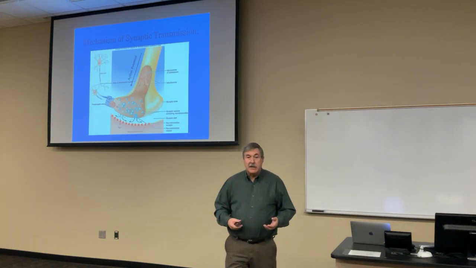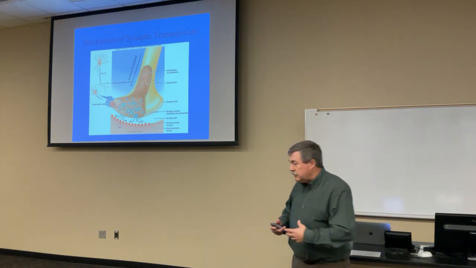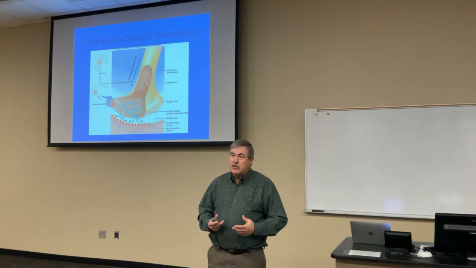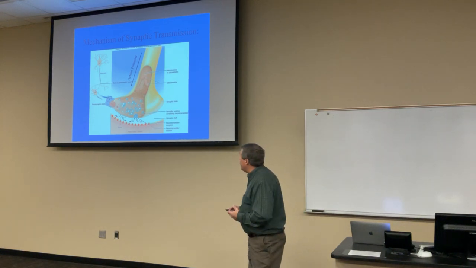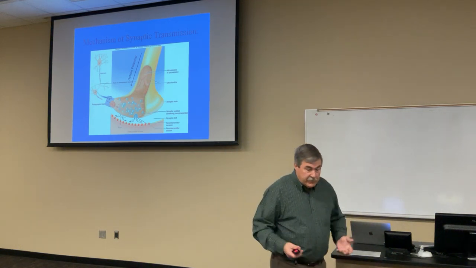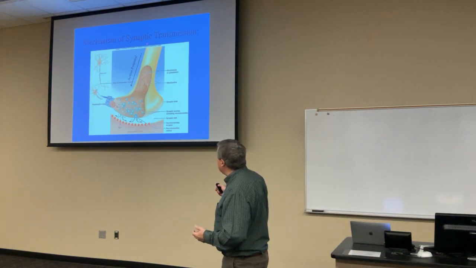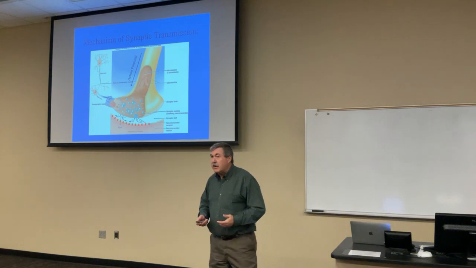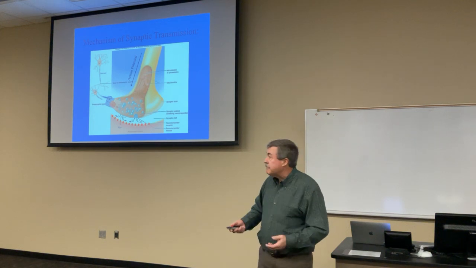So let's look at the mechanism of a chemical synapse. I'm going to summarize this a little bit to simplify it; it's really not that complicated. The first step in releasing neurotransmitter at a chemical synapse is you have to have an action potential traveling down the axon of the presynaptic neuron, which is the first neuron.